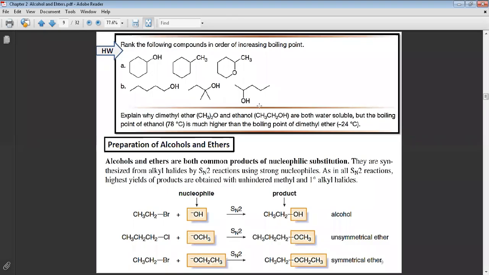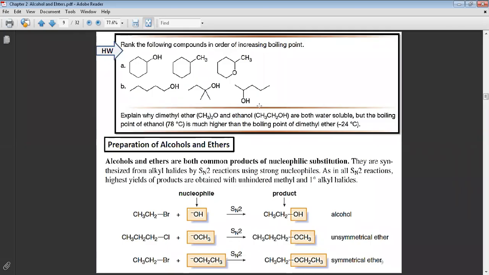Dimethyl ether boiling point is minus 24. You can look at the difference between them. It is so high. Why? You know. Yes, because of the hydrogen bonding.